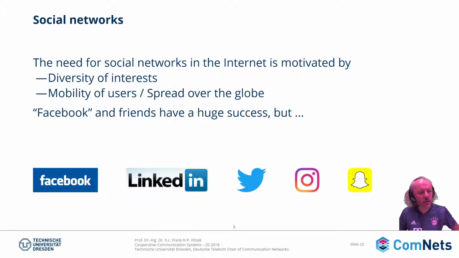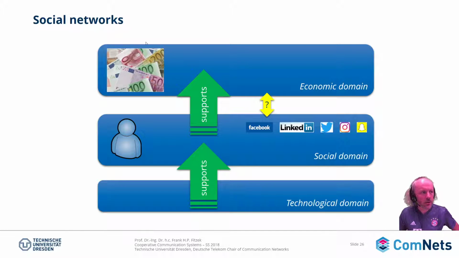And the thing is, you could maybe use them to increase the willingness to cooperate, right? And here's an example how social networks worked back in the times. So you had a technology domain that supports some social domain, and that supports an economic domain with advertisements and so on. So there was little way backwards.